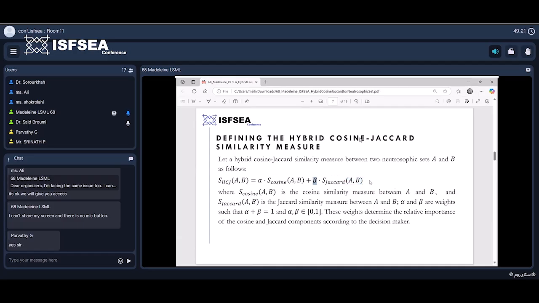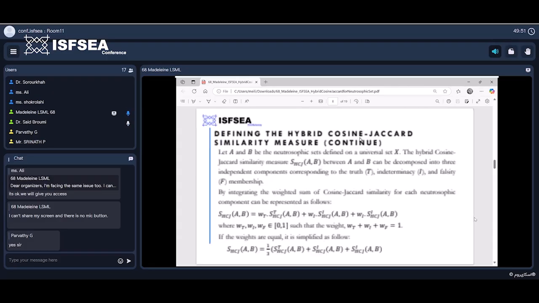So we assume the alpha, beta are equal in weight, all right? So we are going to have alpha 0.5 and beta 0.5. So in this, alpha, beta are elements of 0 to 1. So the weight is the relative importance for cosine and Jaccard components.